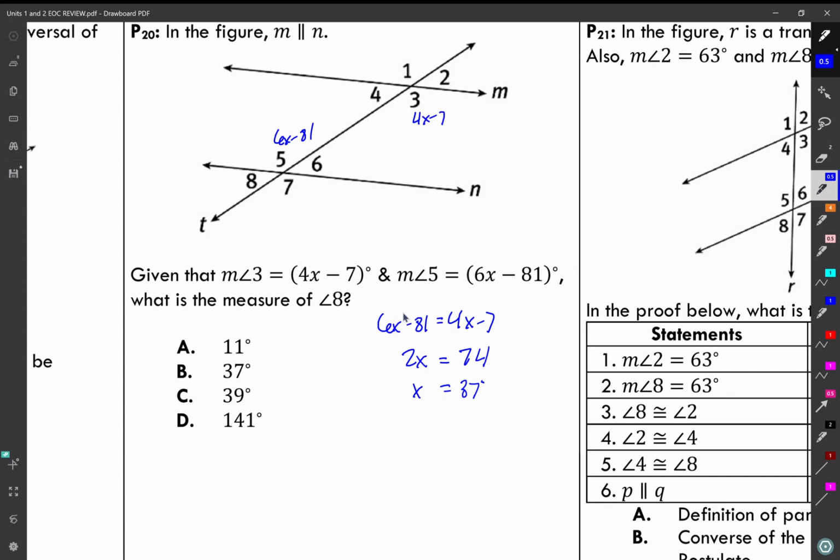Oh no, hold up. 74 divided by 2. Give me a second. It's still 37. Alright, cool. So x is equal to 37, not degrees, excuse me. So, if I find the measure of angle 5, I know it's supplementary with angle 8. So 6 times 37 minus 81.